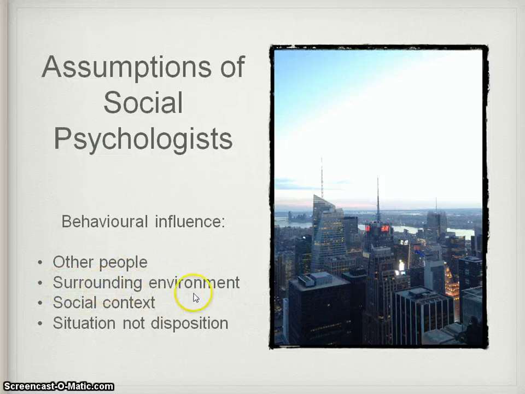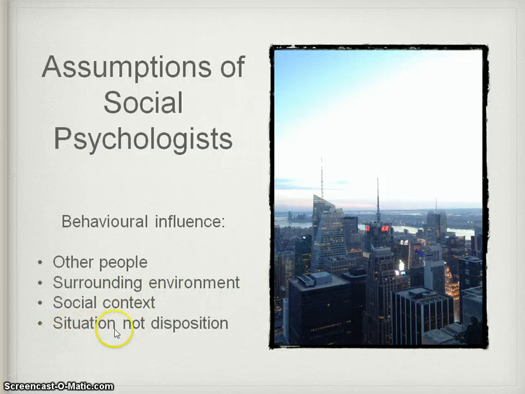So how does the surrounding environment, if you're wandering down a street in New York and somebody speaks to you, do you think that they're a weirdo compared to if you live in the country, nobody's around, and someone walks down the street and speaks to you and it's just the two of you that are there? How does that social context affect us?